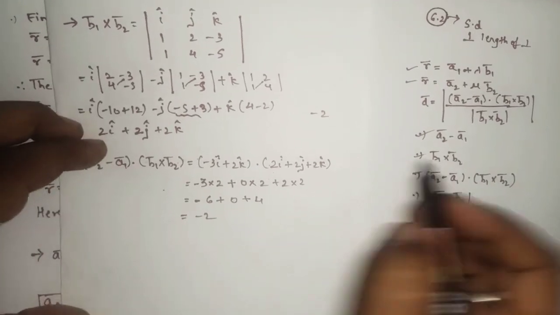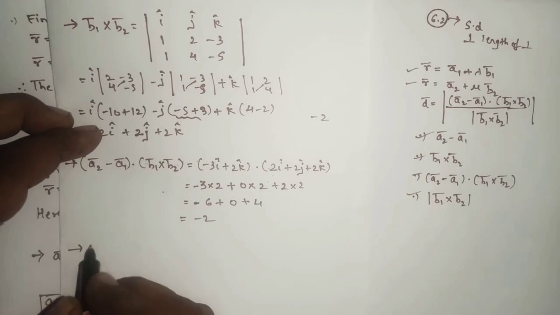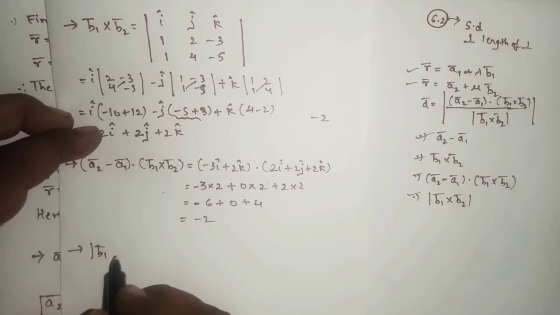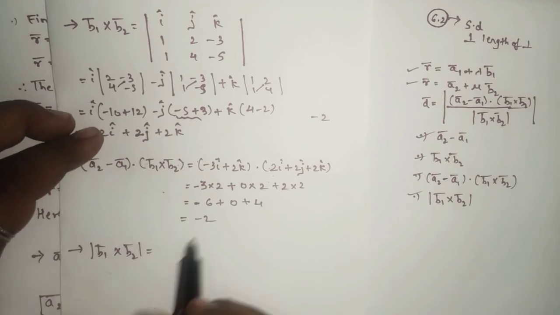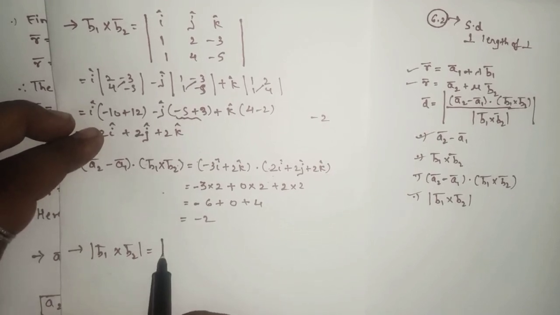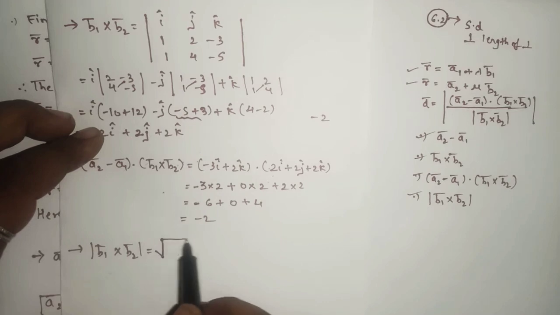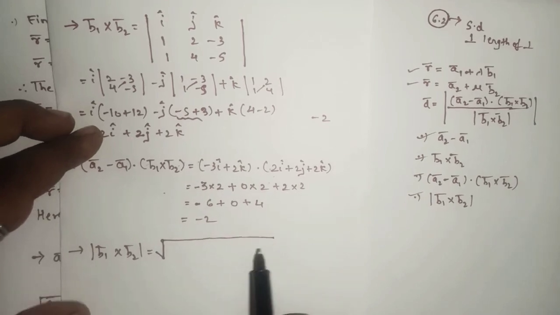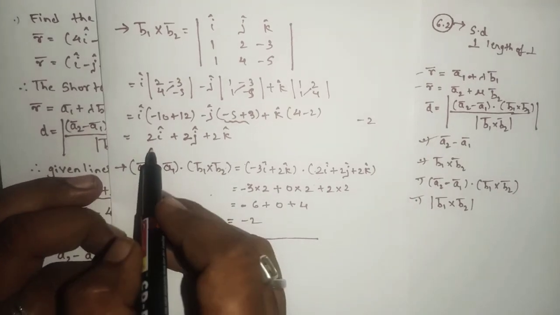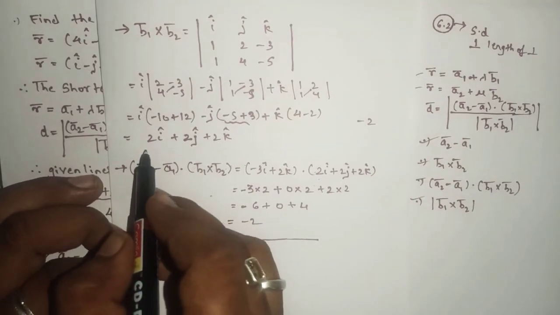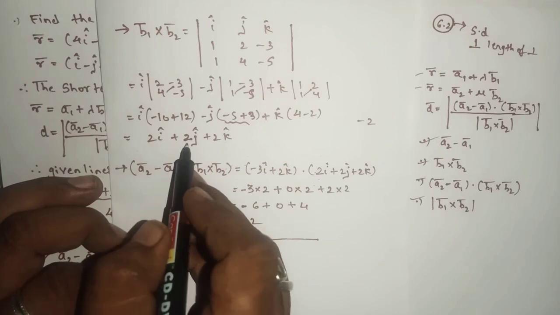Now we have to find the next part, that is the magnitude of b1 cross b2. Whenever you have to find the magnitude, this also I explained in the previous video. You will write the square root, then find the sum of the squares of the coefficients of i, j and k.